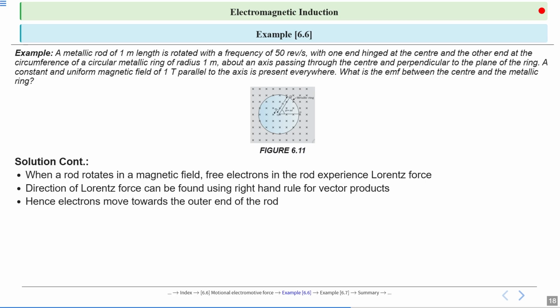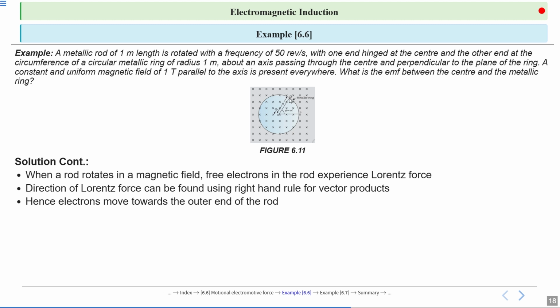The direction of Lorentz force can be found using the right hand rule for vector product, and electrons move towards the outer end. Okay, now you can see how this rod is moving in the anti-clockwise direction. It is shown in the figure. At any instant, the direction of velocity will be tangential.